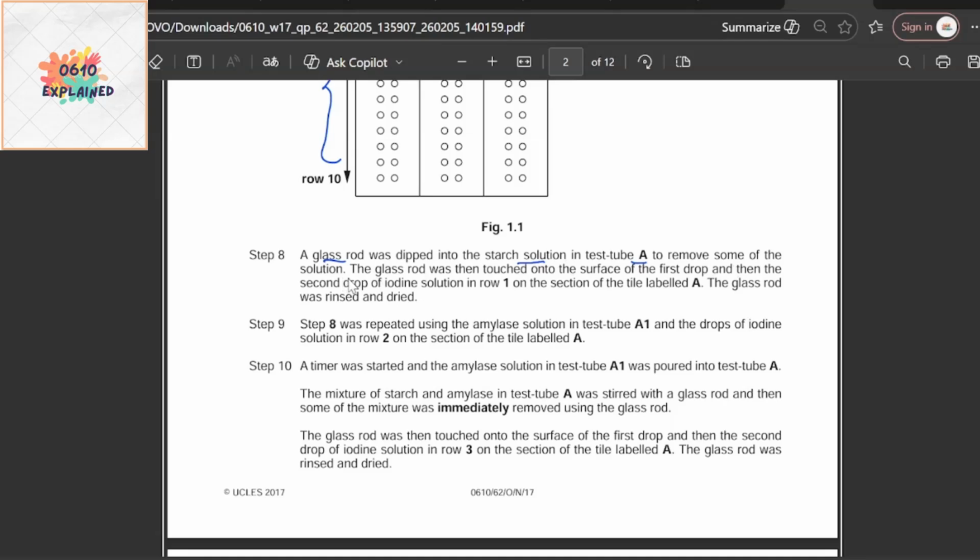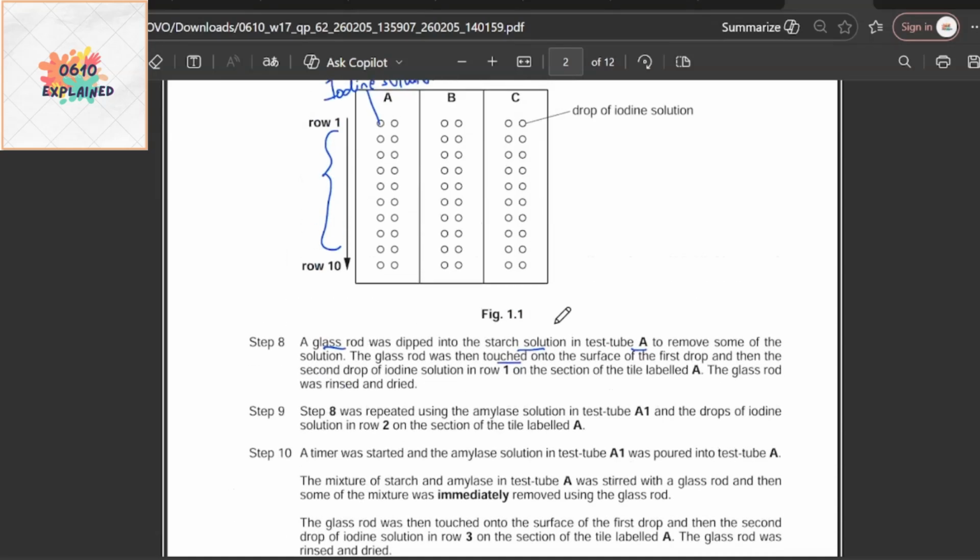Remember that this is not measured, it's just a glass rod which is used. The glass rod was then touched on the surface, like this, and then a second drop of iodine solution in row 1 on the section of the tile labeled A.